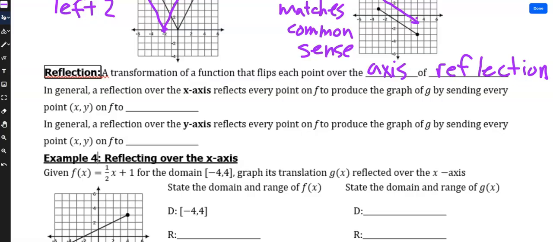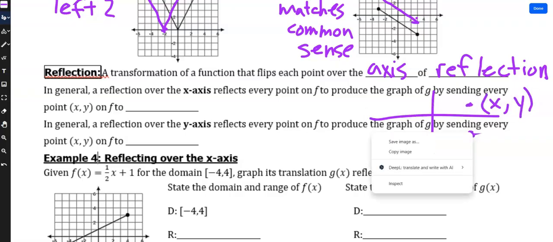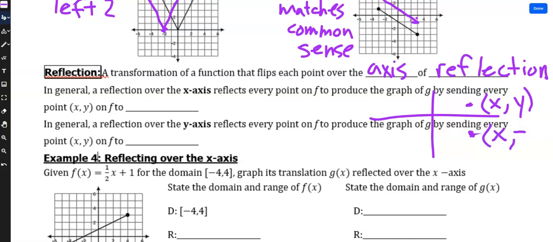Oh, okay. So, what's going to change? Let's think about this. Let's draw a graph here. We've got a point. We're reflecting across the x-axis. We'll call this point xy. And we're going to go across that axis. The same x, but we have the opposite y. So, x negative y.